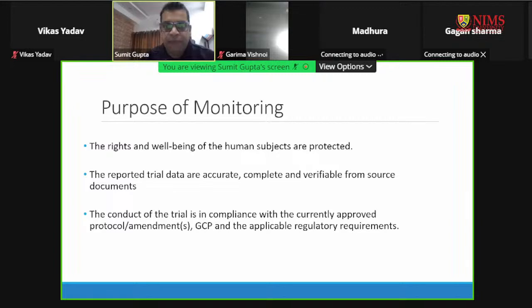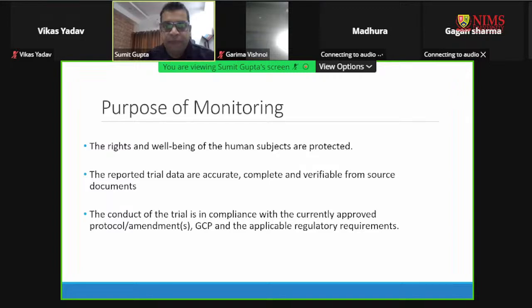So, use of centralized monitoring data. There are several uses, but the main uses are to identify the missing data, inconsistent data, outliers, variability or protocol deviations. Then to examine the data trends such as any variance, consistencies or inconsistencies or variability of the data within or across the sites.